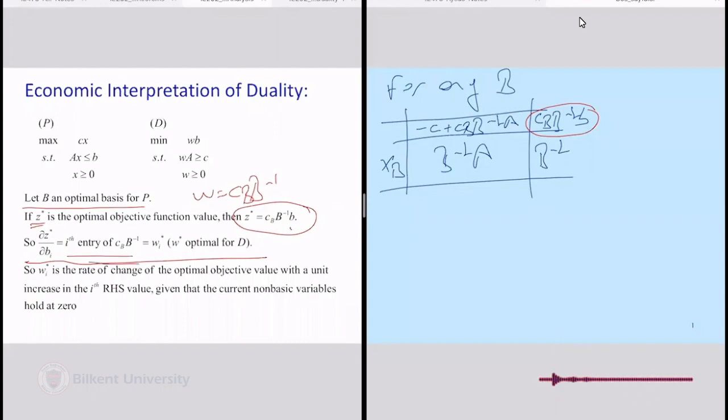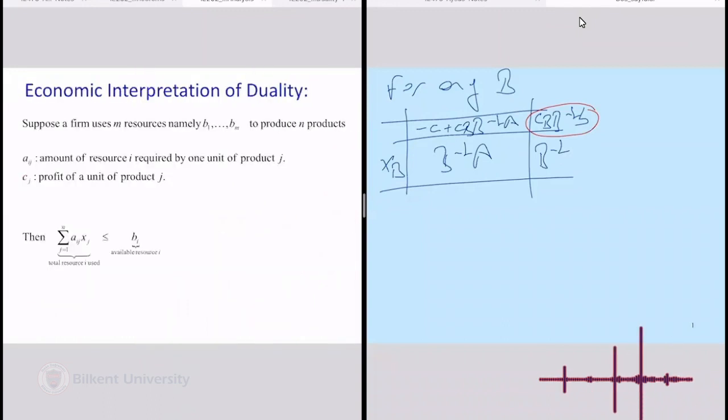Which is my ith dual variable. So it actually resembles the rate of change of the optimal objective function value, because I'm taking the derivative of my objective function value with respect to a unit increase in the right-hand side of the ith constraint, because the ith constraint is associated with the ith variable, okay?